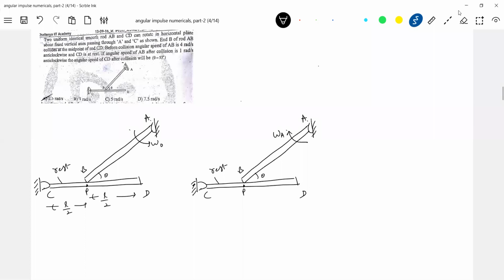I think I'm correct, no? If angular speed of AB after collision is 1 radian per second anti-clockwise. Oh, this one I made it. Yeah, thanks. Get into the problem.